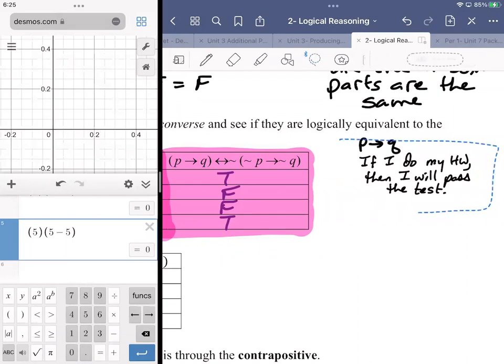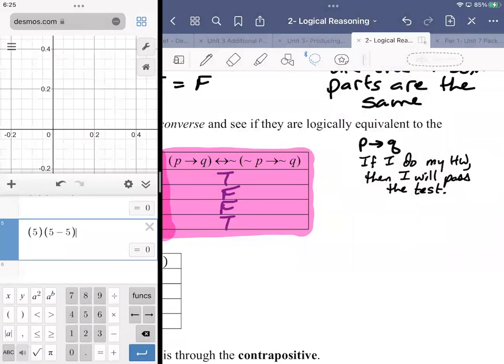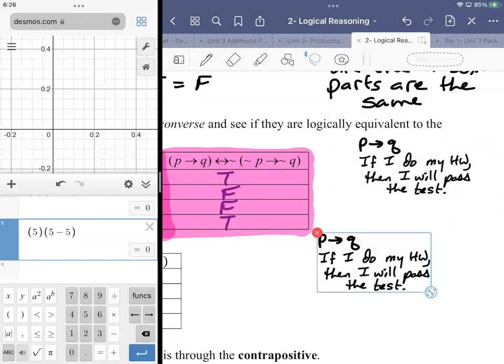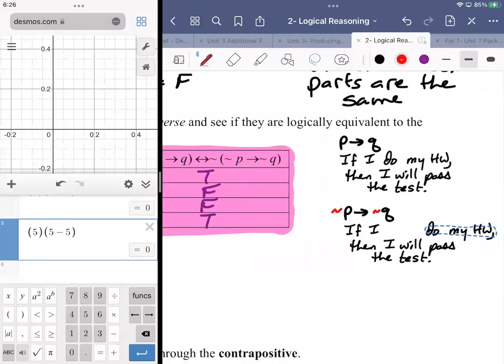All right, the not P implies not Q would be just negating each part of this sentence. If I do not do my homework, then I will not pass the test.